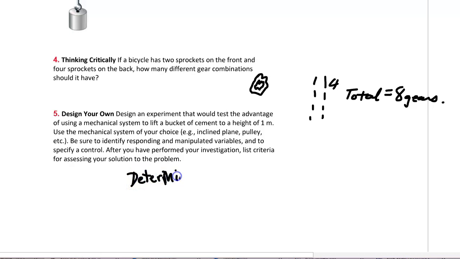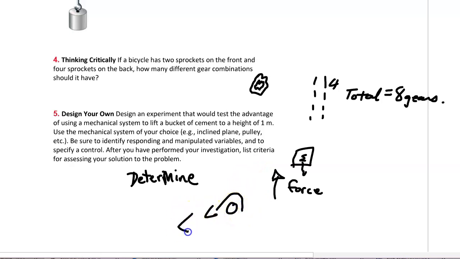And it doesn't matter what you've got, but you're going to figure out how much force is required to lift, usually with a spring scale. And then you're going to use it through your system, maybe a pulley system or whatnot, and you'll use that also with a spring scale, and you'll find the mechanical advantage, being the load on the output, that's that overall force, divided by the load on the input.